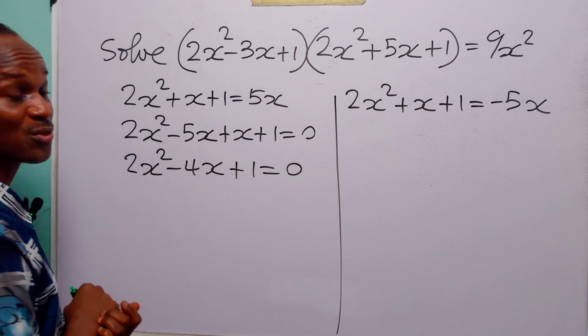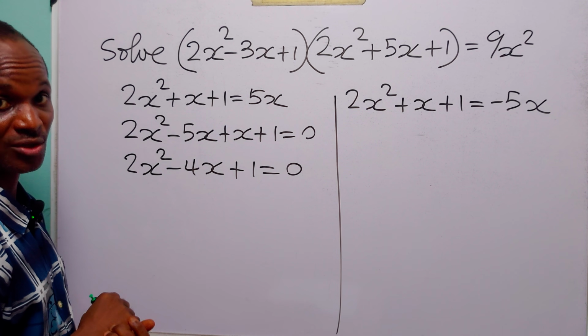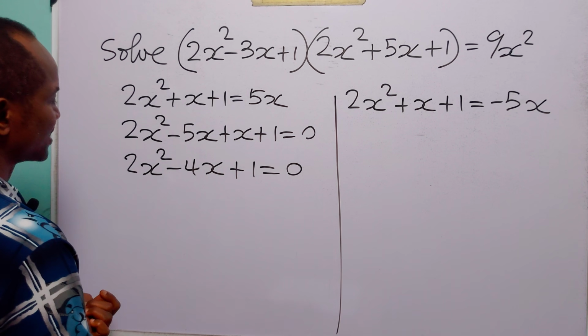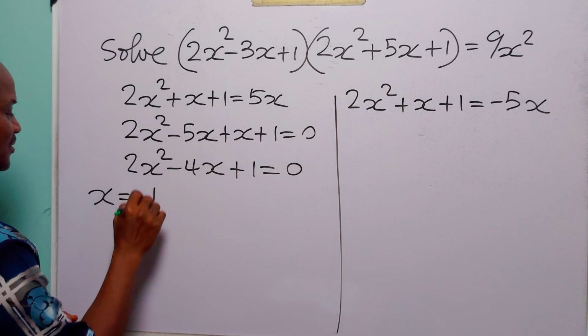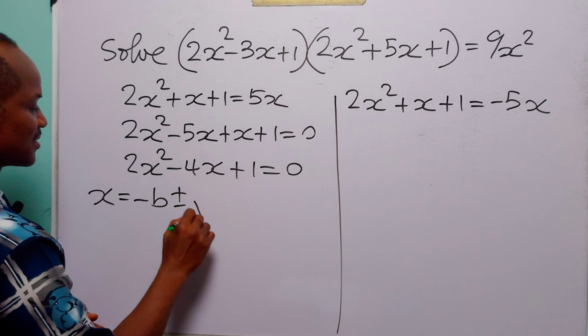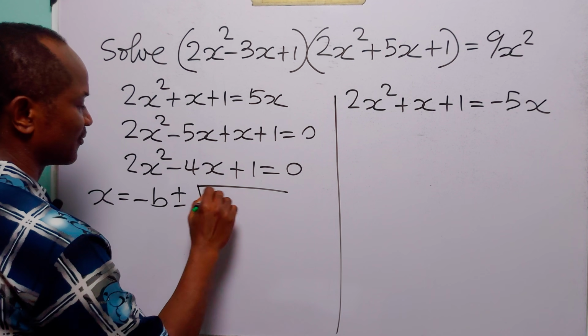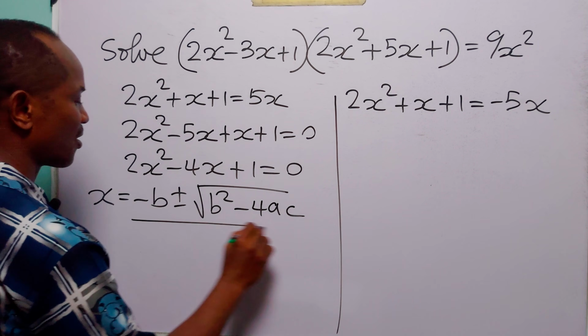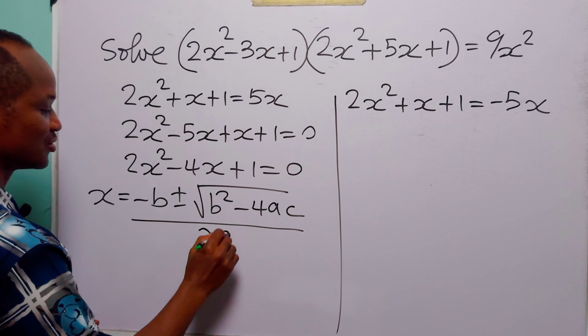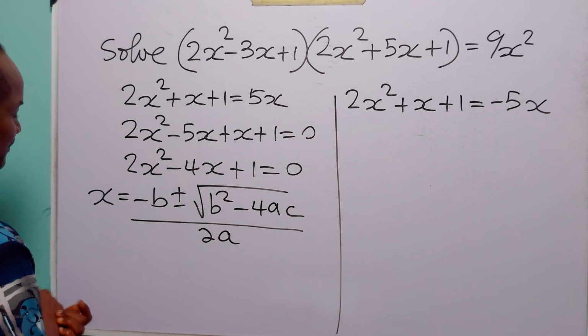We cannot solve this quadratic equation by factorization, so let us solve with the quadratic formula. We have that x is equal to minus b plus or minus the square root of b squared minus 4ac, all divided by 2 times a.